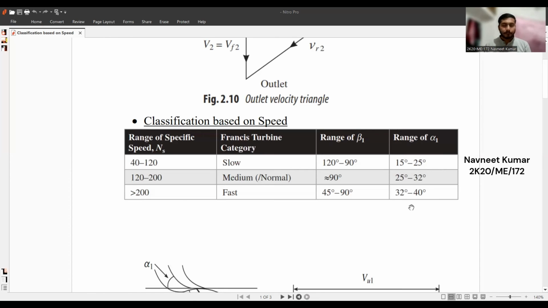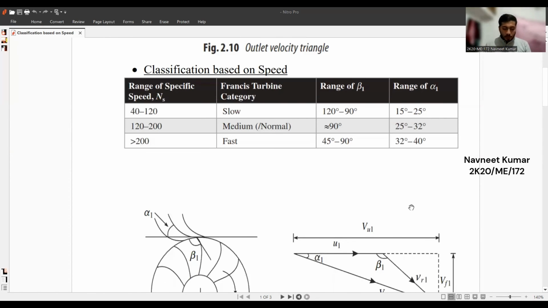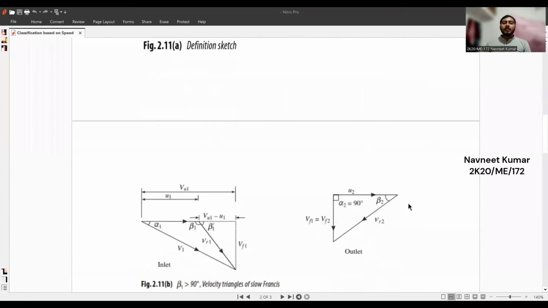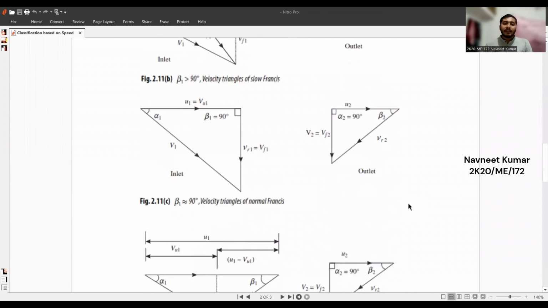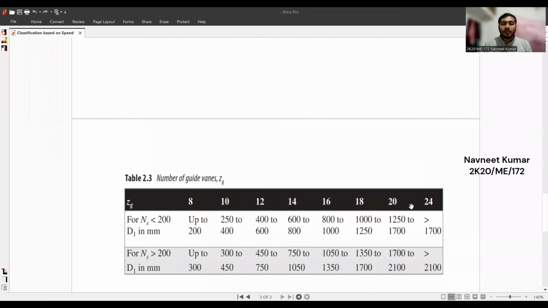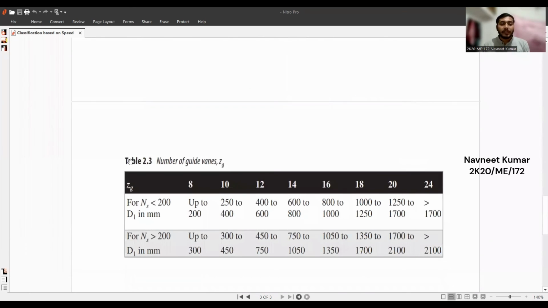40 degrees. Now let us move on to our next parameter, that is the number of guide vane blades. Usually the number of guide vane blades is even, but it also changes with respect to the specific speed of the runner and the inlet diameter.